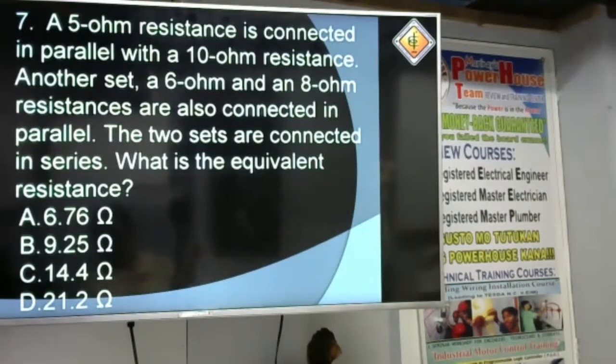Another set, a 6 ohm and 8 ohm resistance, are also connected in parallel. The two sets are connected in series. Okay, I think this is an easy problem.